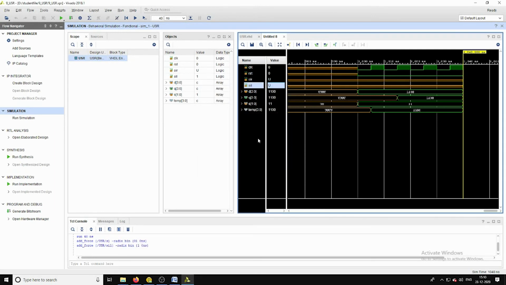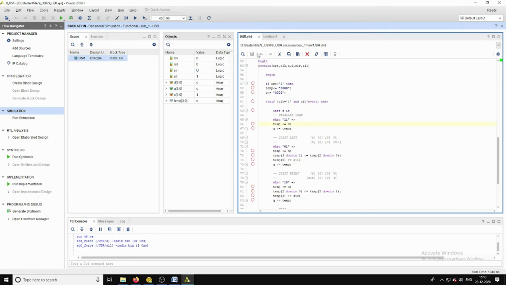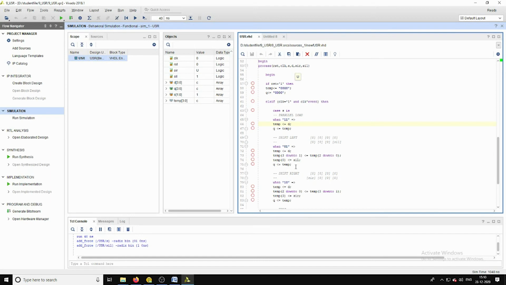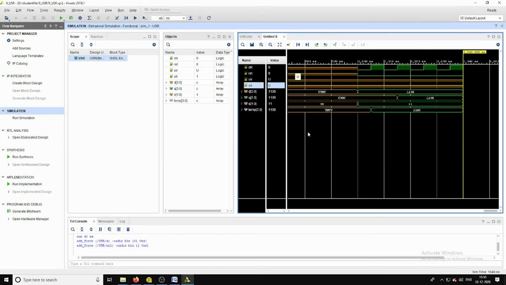See, we are performing the left shift operation, so we are assigning the same SIL across the LSB bit of this temporary signal, which is 1.